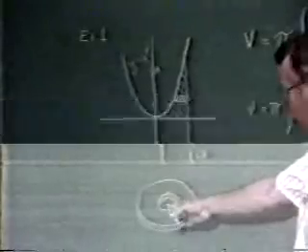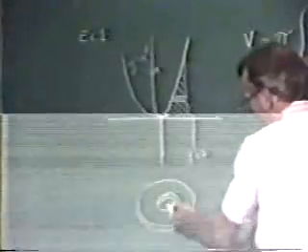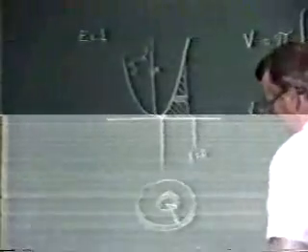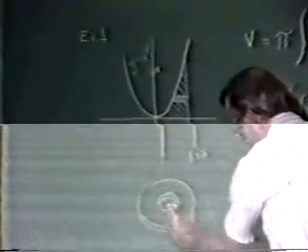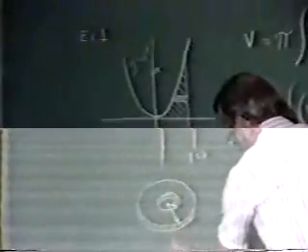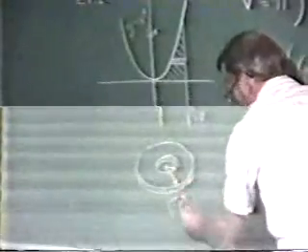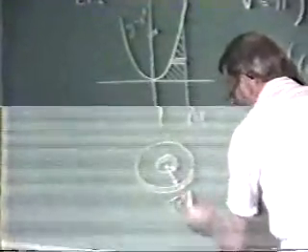Well, what is the volume of a washer? Let's just go back to old high school math formulas and figure out how much metal there is in that washer. I could take this outside radius, this large radius, and find pi r squared, the area, times the thickness, which is h, or in our case dx or dy.